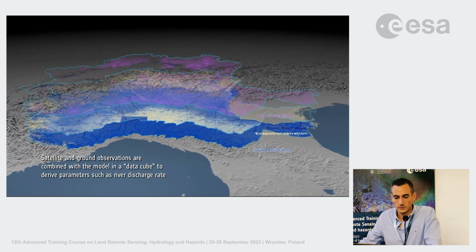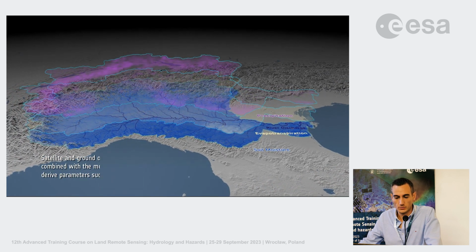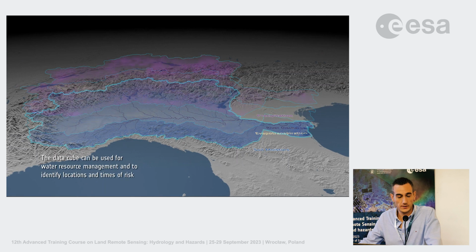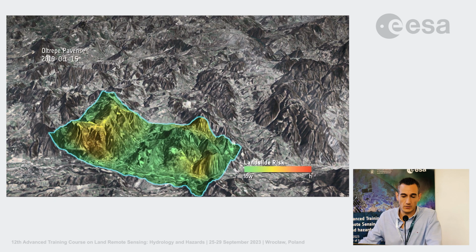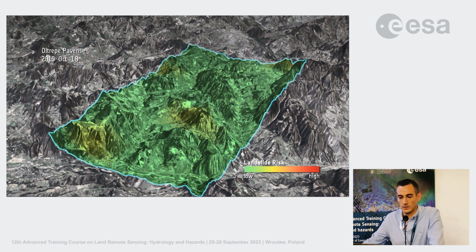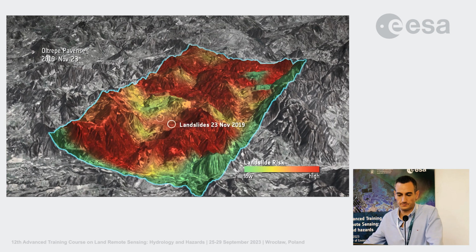And now the video will also show how we can use the data cube in case studies linked to water resources management or to prediction of hazards. This is the module for landslide, where we have mapped the landslide risk based on soil moisture and rainfall data, and we will see this in detail in a few minutes.